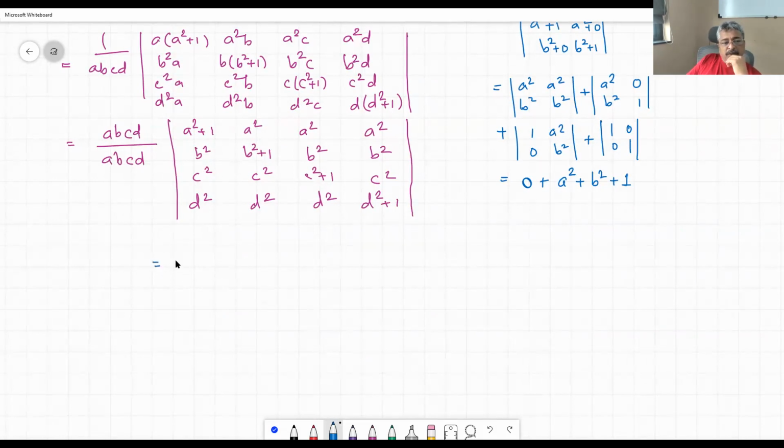So this is going to be equal to 1 plus A square plus B square plus C square plus D square. I mean, I'm just extrapolating from here to here, but if you have a better method for dealing with this determinant, you can tell me.